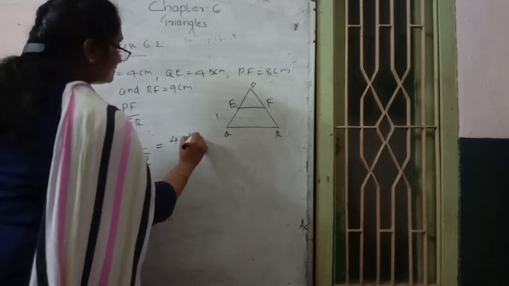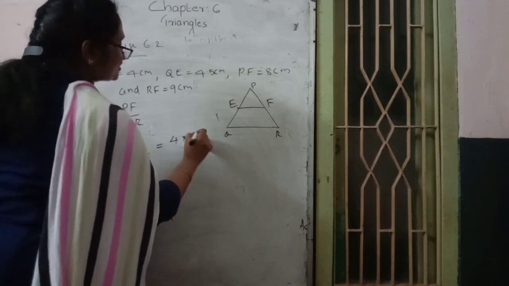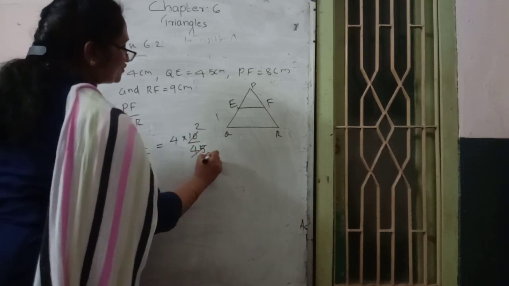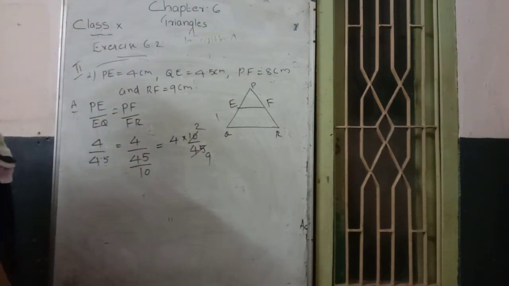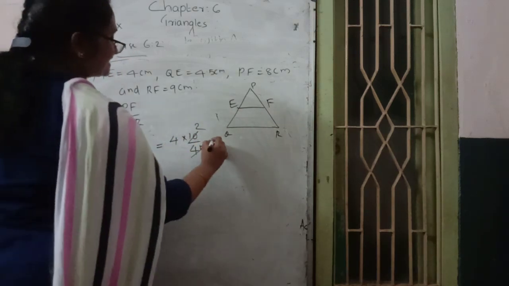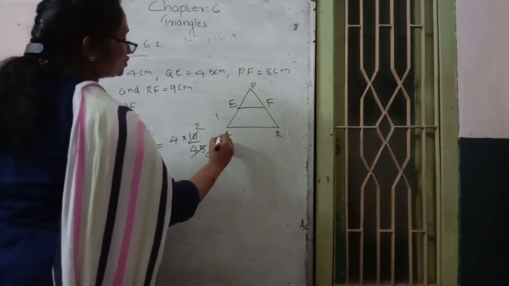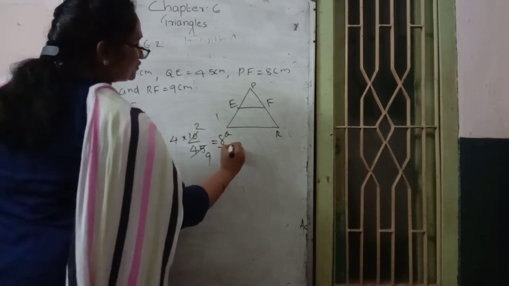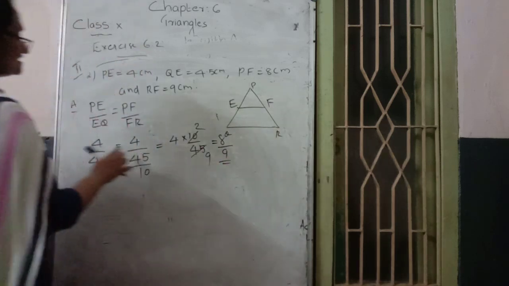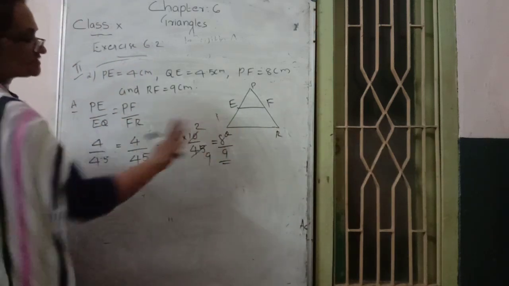Reciprocal take and multiply: 4 into 10 by 45. 5 table: 5 twos are 10, 5 nines are 45. Then again cancellation is not possible. Numerator into numerator: 2 fours are 8. 8 by 9 is our left side answer.